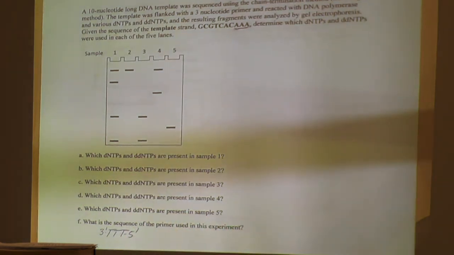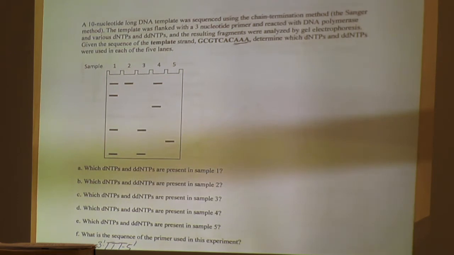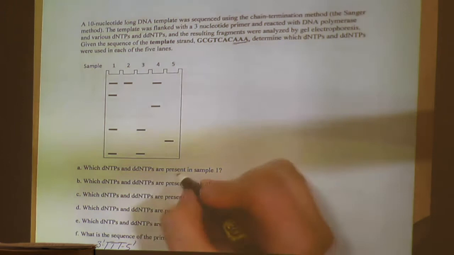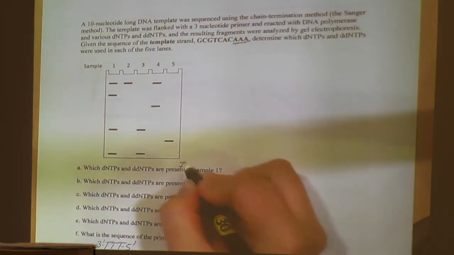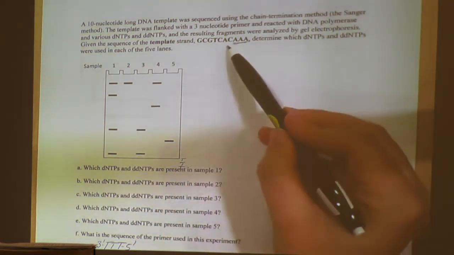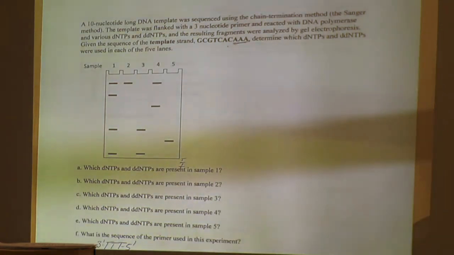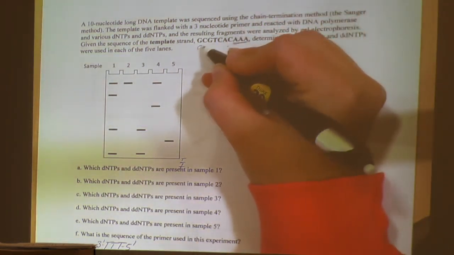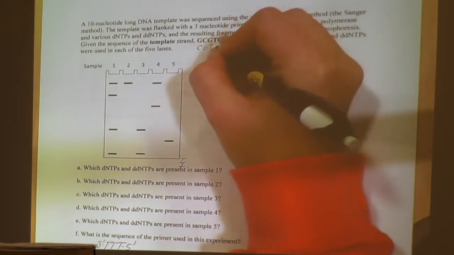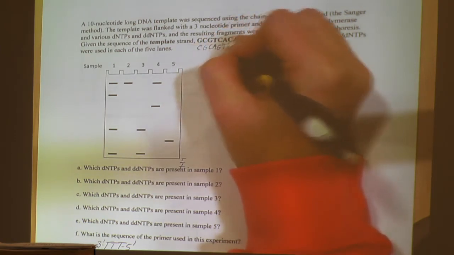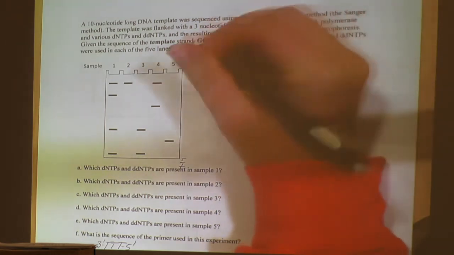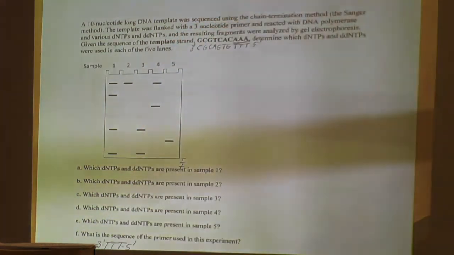All right. So how do we go about figuring this out? Because we know our entire template strand, so does that mean we know our entire complementary strand? Yes, okay. So you would fill this out as C, G, C, A, G, T, G, T, T, T. Does that look right to everybody?